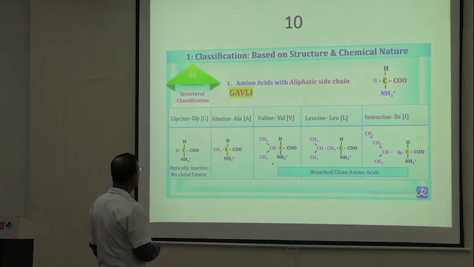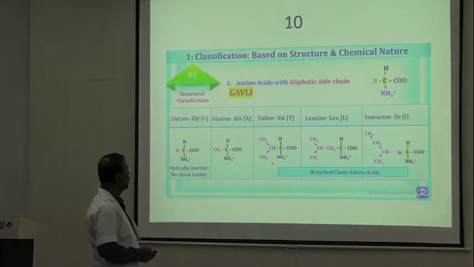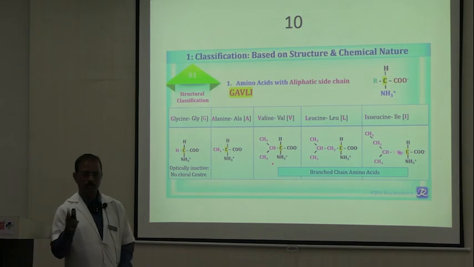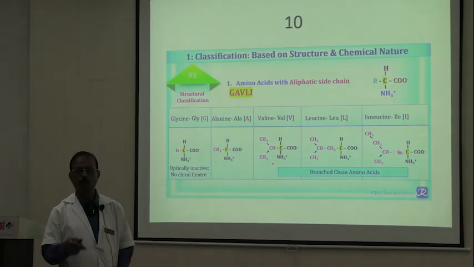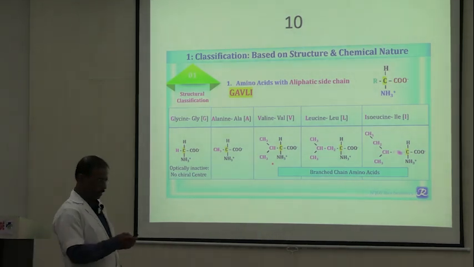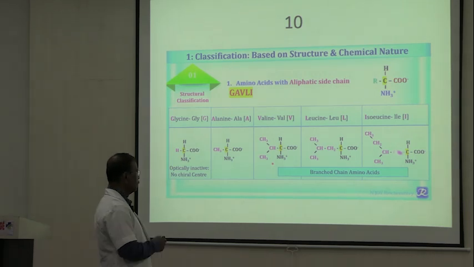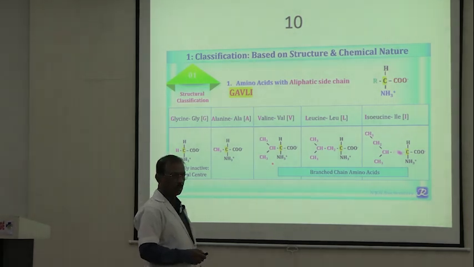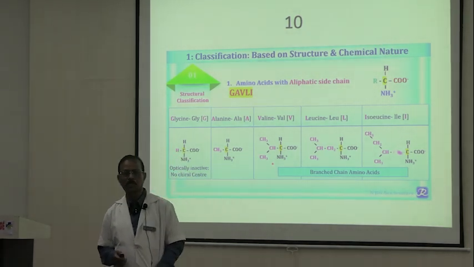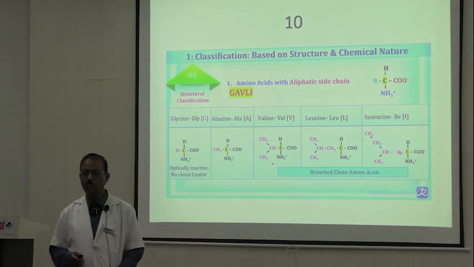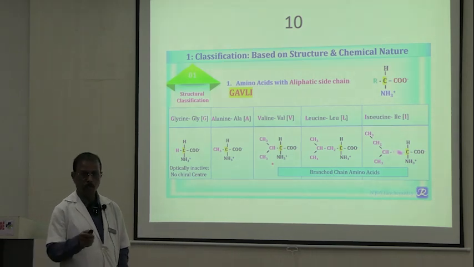By these mnemonics you can remember, or you can create your own. Since there are a lot of amino acids and different classifications, it will be easier for you if you develop mnemonics to remember.